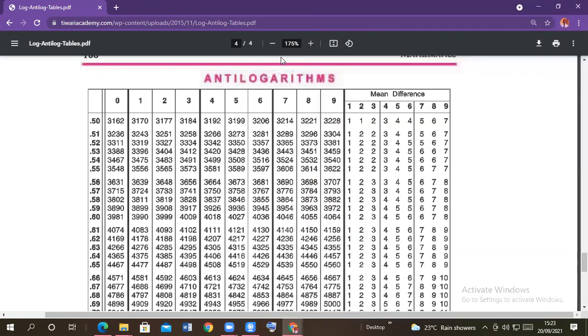So let me use some of the tools here. 0.587, there.